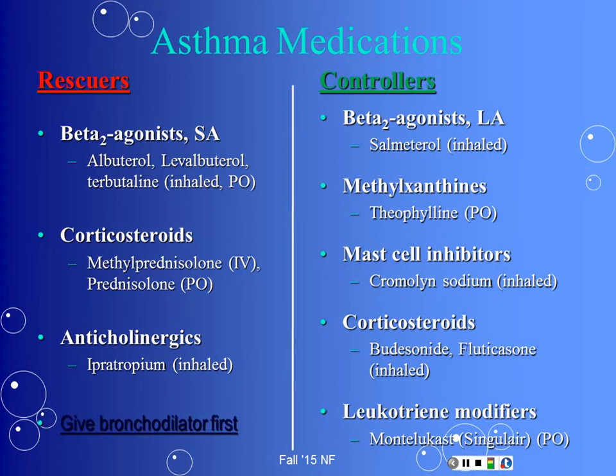Okay, it's salmeterol and the fluticasone. You may see them take Singulair and things like that. So just to be aware, the more severe the asthma is, the more medications you're going to see them on. Okay.